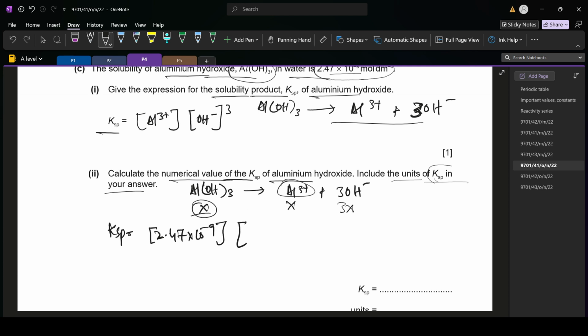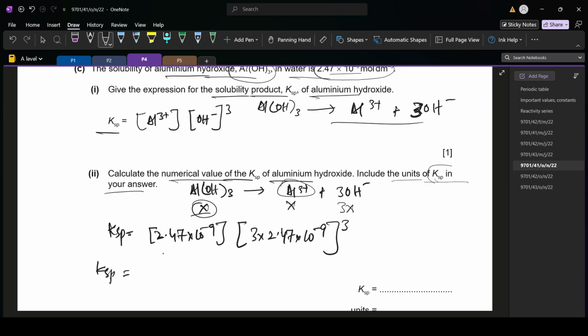And the concentration of OH- ions will be 3 × 2.47 × 10^-9, and in power there will be a 2. Wait, from here you will get the value of Ksp.